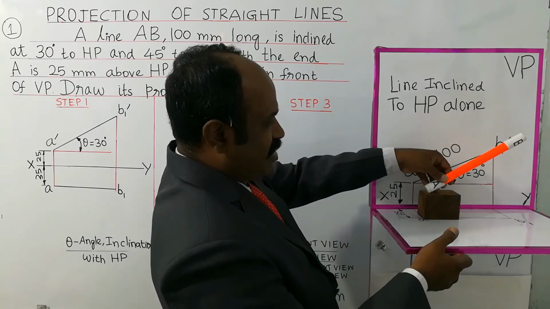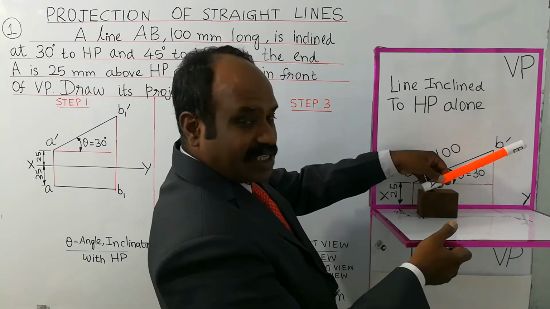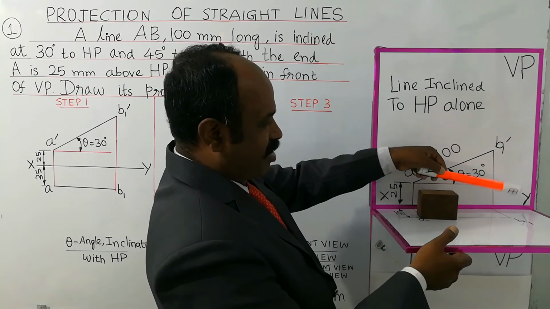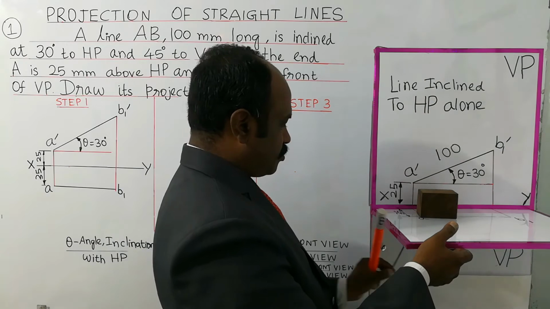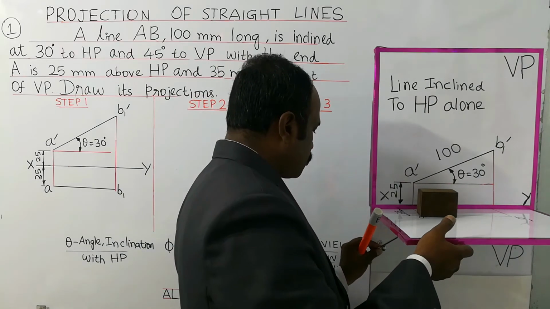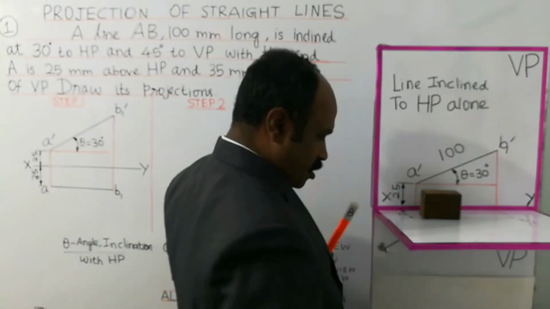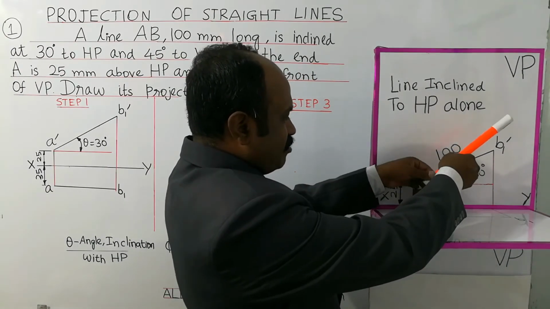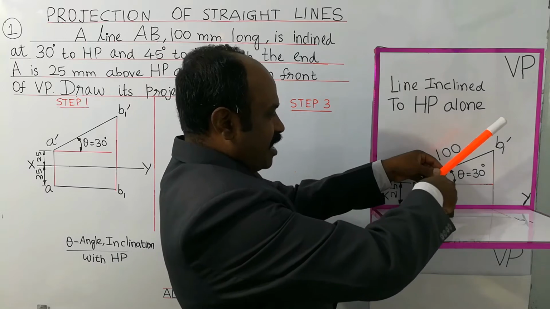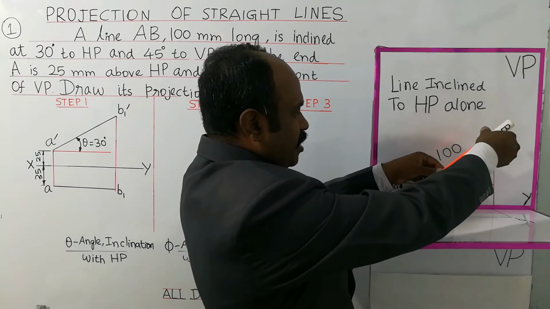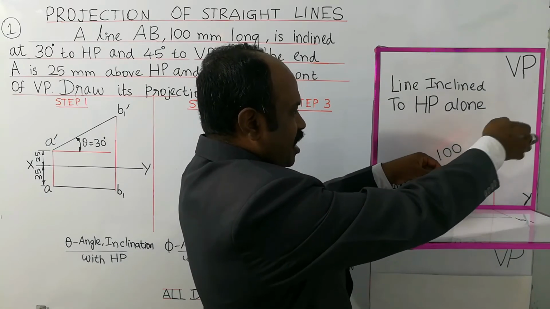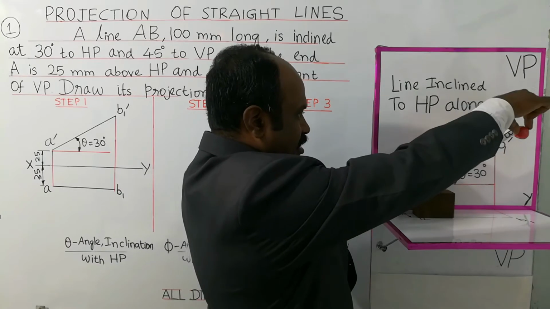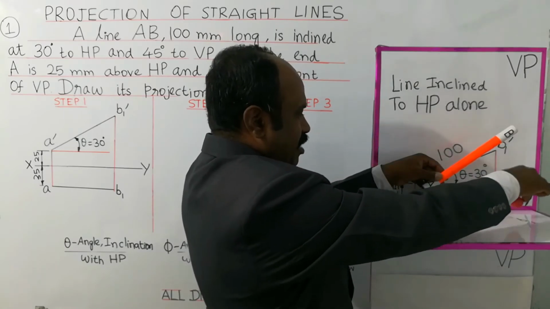And the top view is projected on the horizontal plane as B1. This point A is projected on the horizontal plane as small a, and the other end point B is projected on the horizontal plane as B1.